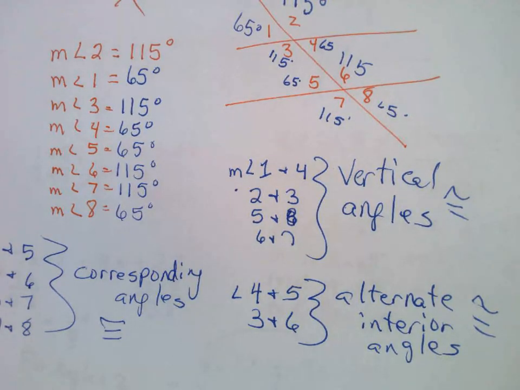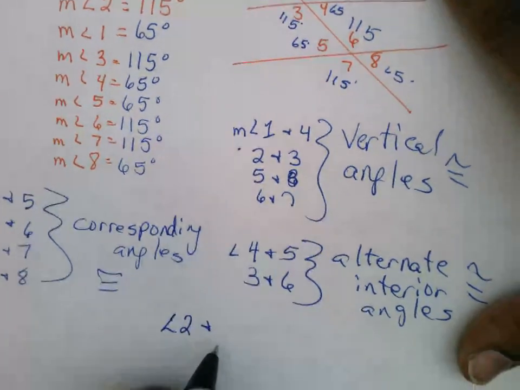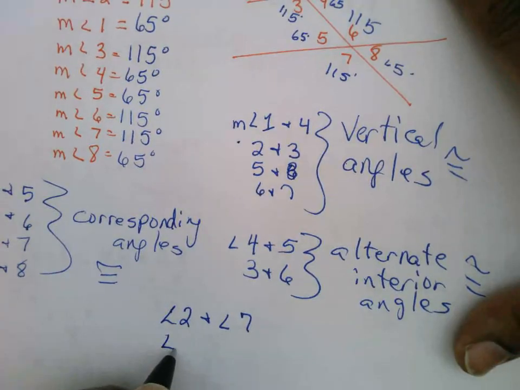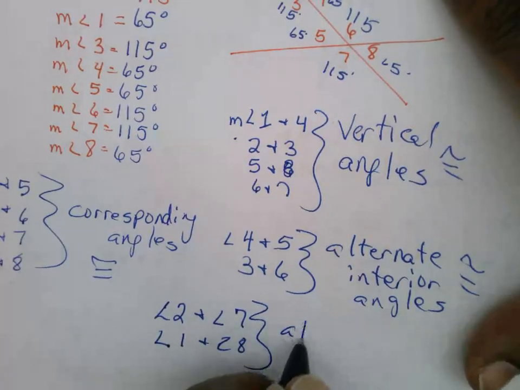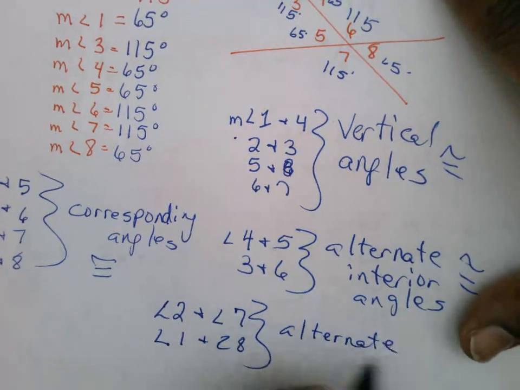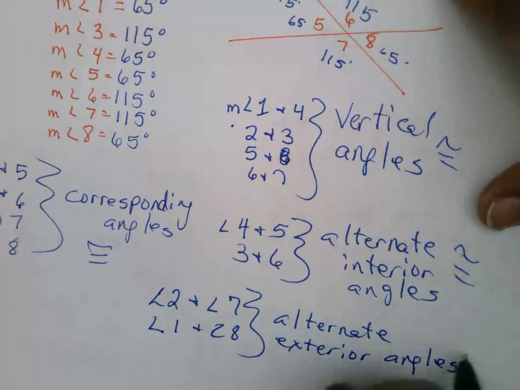They have to cross: angle 2 and angle 7, angle 1 and angle 8. These are alternate exterior angles, and they are also congruent.